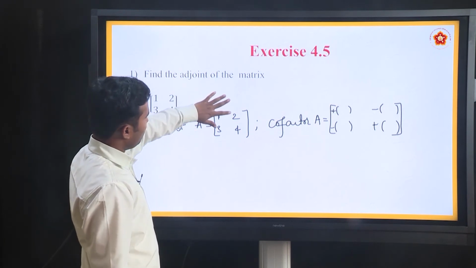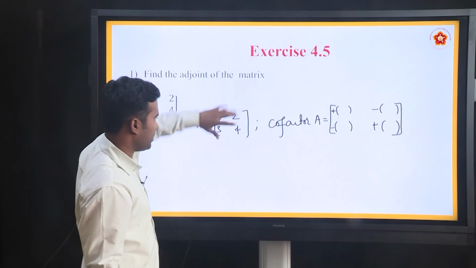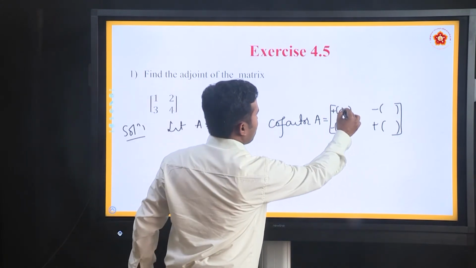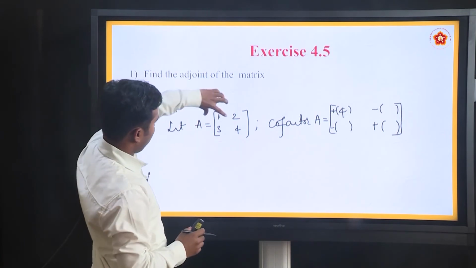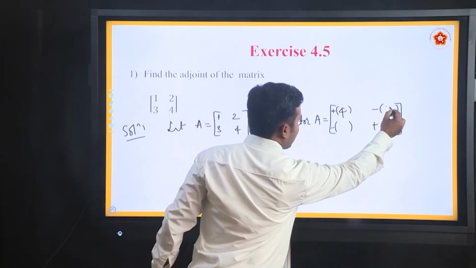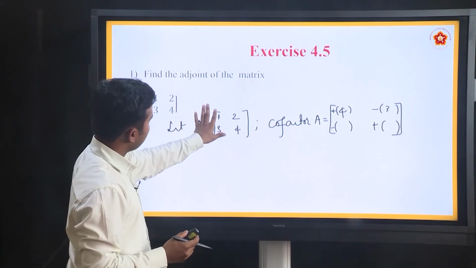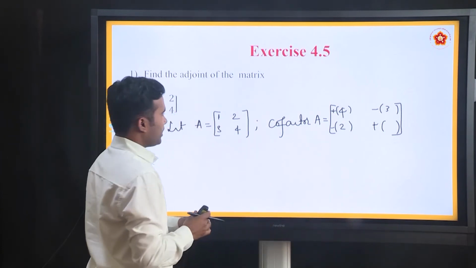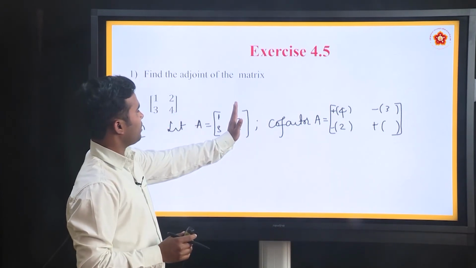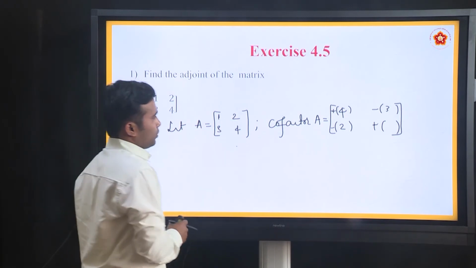That element lies in the first column, right? So you just delete it. We left 4, and here for that element, first row, second column, delete it, 3. Now for this element, second row, first column, delete it, 2, and here second row, second column, you just delete it, so 1.